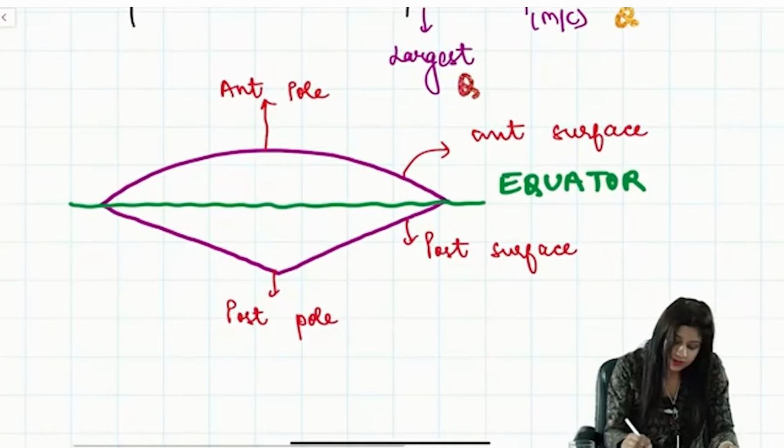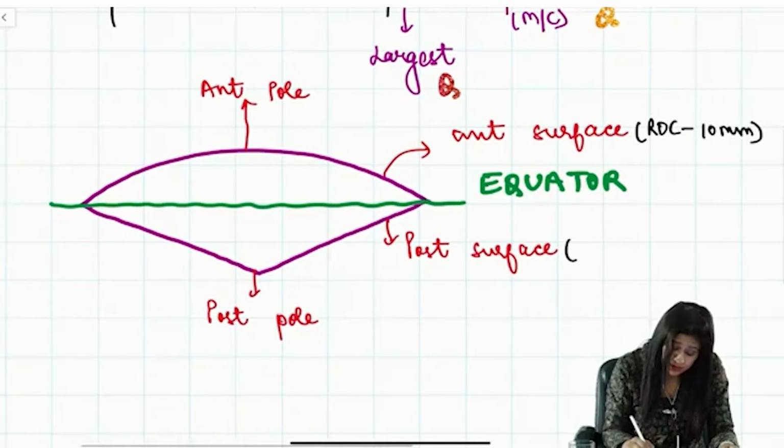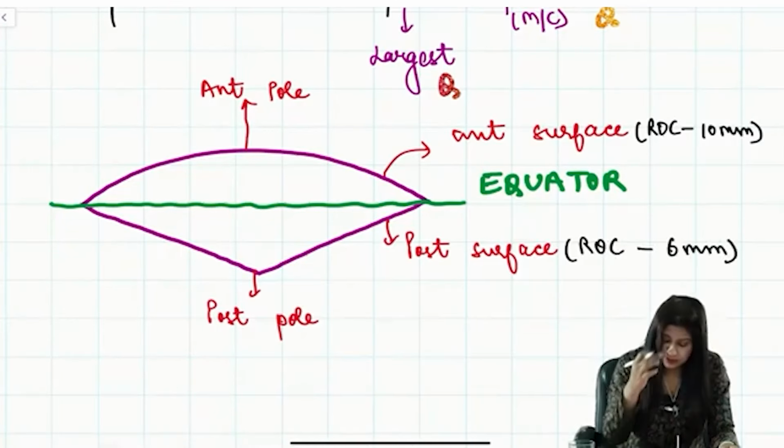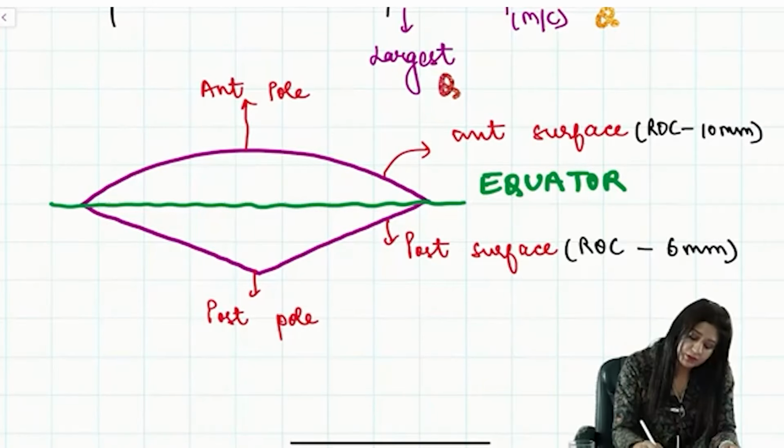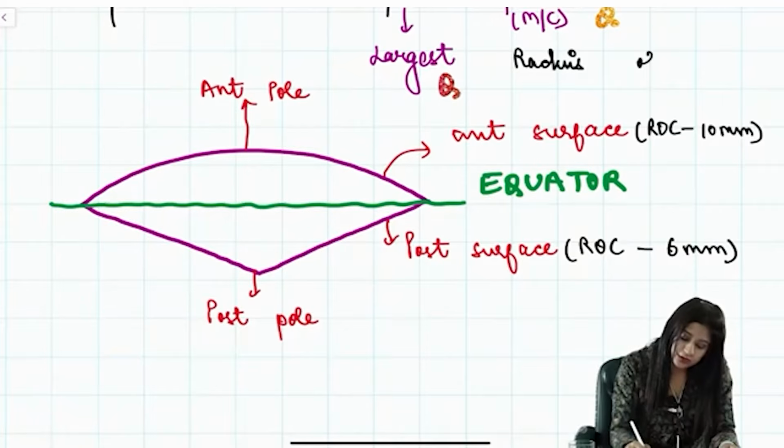The anterior surface ROC is 10 mm and posterior surface ROC is 6 mm. ROC means radius of curvature.